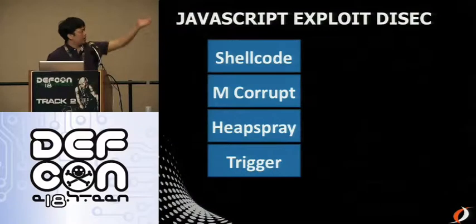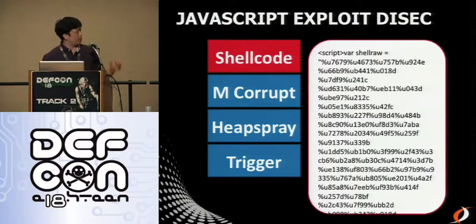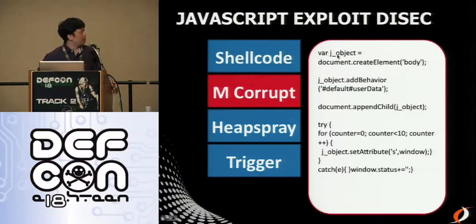So this is basically what makes up a JavaScript exploit. There's a shellcode, there's the memory corruption part, heap spray, and trigger. This is how a piece of shellcode looks like. Basically, just a very long list of strings, which converts to bytes. This is the memory corruption part.